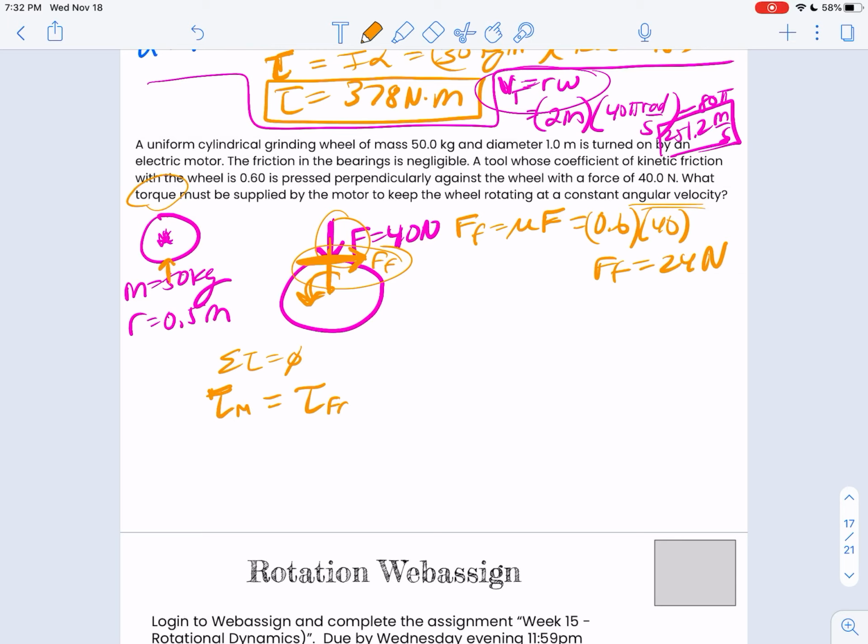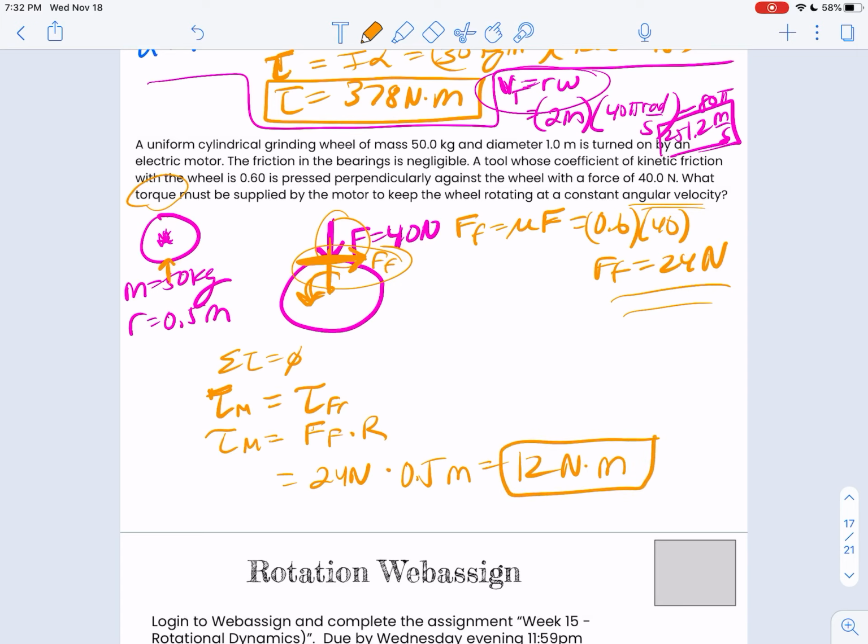They're just asking for the torque of the motor. So basically that's just the friction force times the radius. The friction force we already figured out is 24, times the radius of 0.5, which is 12 Newton meters of torque that the motor has to supply to keep it moving at a constant angular velocity and not slow down. That wasn't so bad. Check.